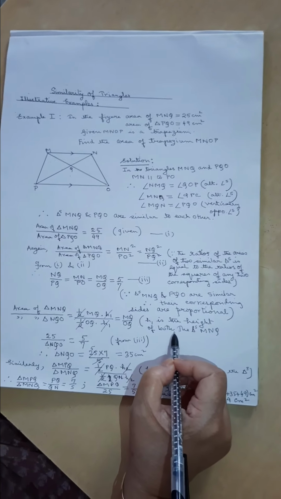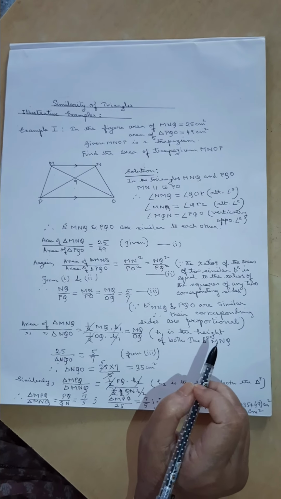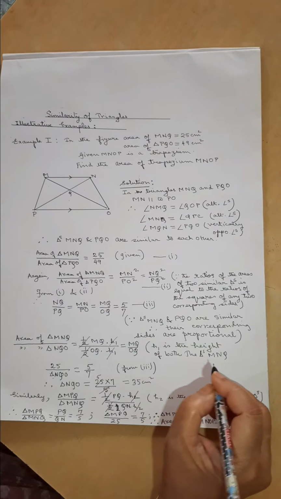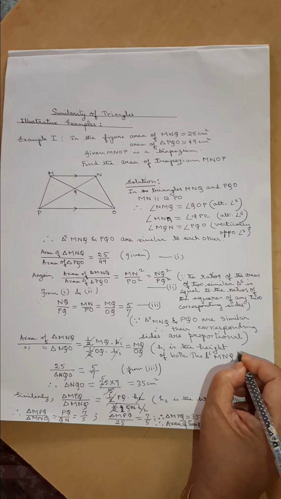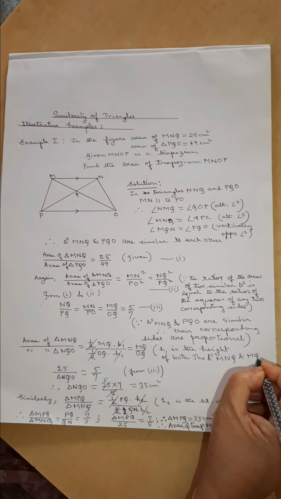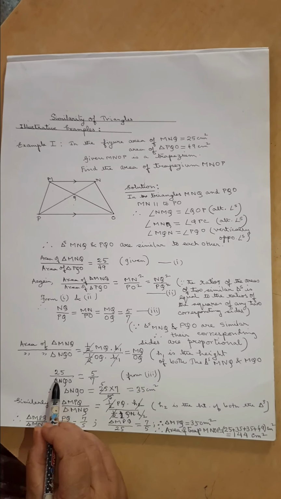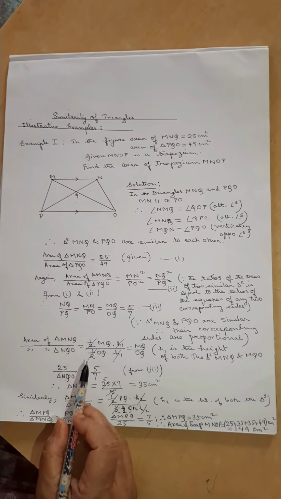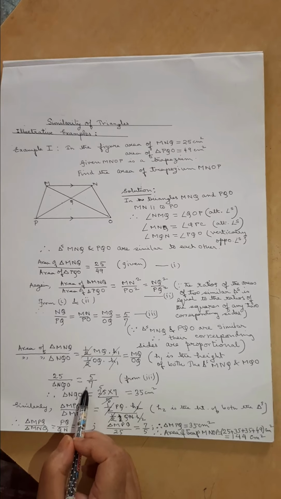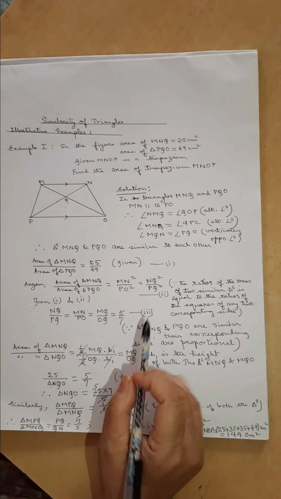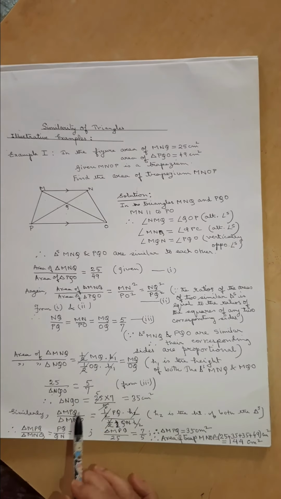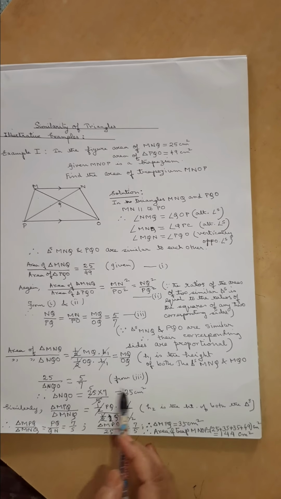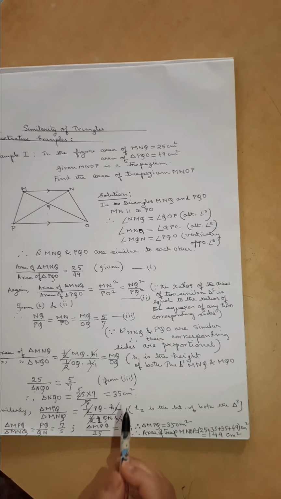H1 is the height of both the triangles MNQ and NQO. So 25 by NQO is equal to 5 by 7 from 3. Therefore, NQO is equal to 35 centimeters square.